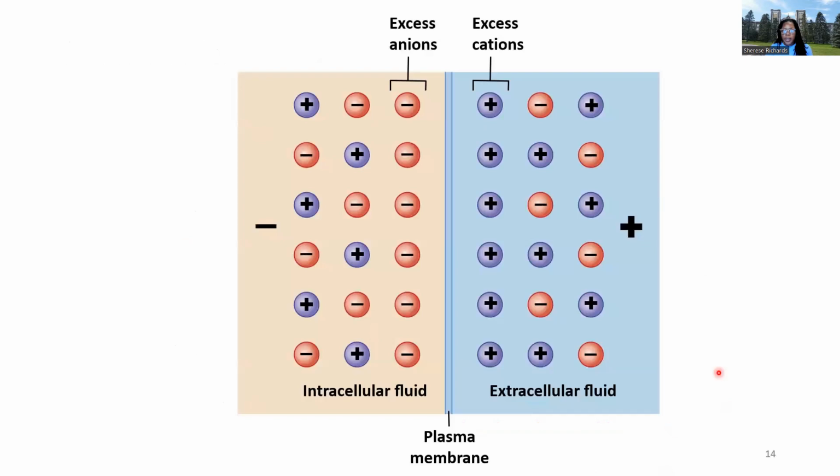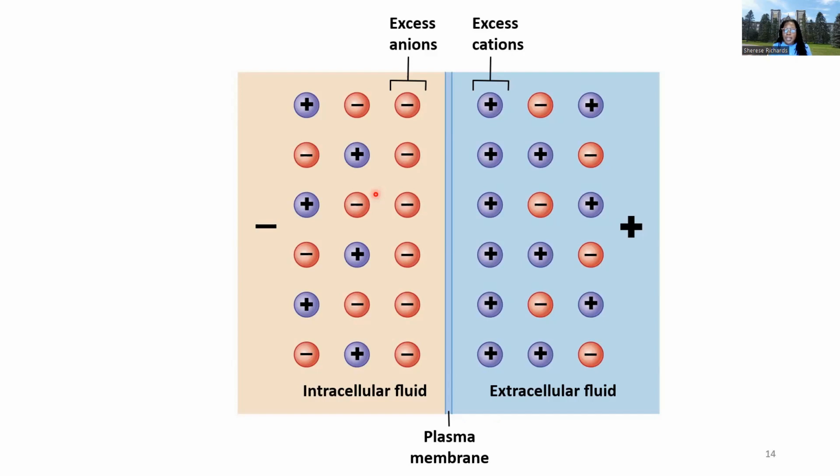So let's look at what that would actually look like. Here's our plasma membrane separating the intracellular fluid here on the left from the extracellular fluid here on the right. Now, again, notice the ions are not equally distributed. We have an abundance of cations on the extracellular surface, and we have an abundance of anions on the intracellular surface. Therefore, we create a positive environment in the extracellular fluid and a negative environment inside the cell in the intracellular fluid.